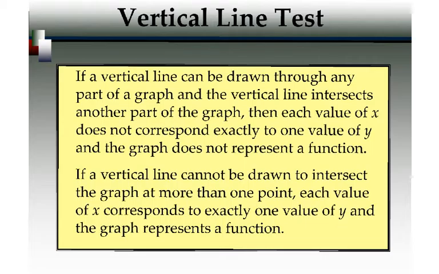If the vertical line intersects the graph of your relation only once, then it is a function. But if it intersects the graph of your relation more than once, it is not a function.